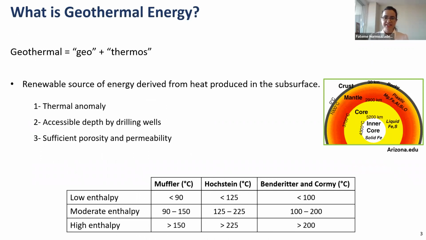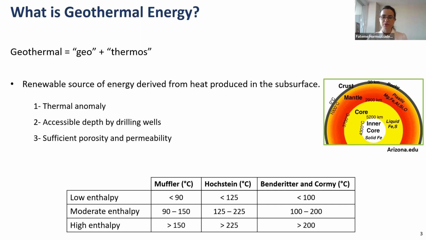So geothermal energy, as you know, is a renewable source of energy from heat that is produced in the subsurface. A geothermal resource is formed by an economic amount of heat at a drillable depth of the Earth's crust, which is an aquifer with enough permeability and porosity to have long-term production at economical rates.